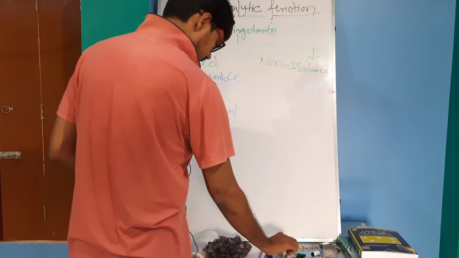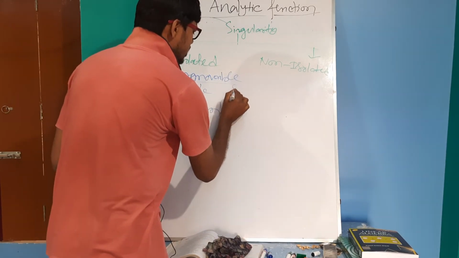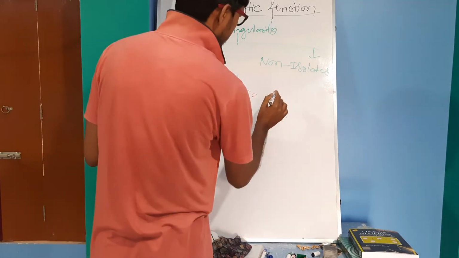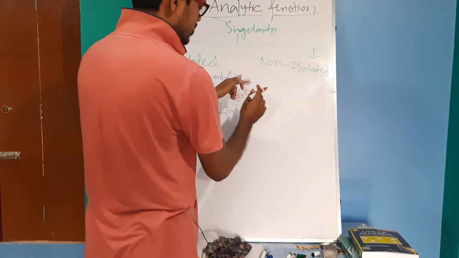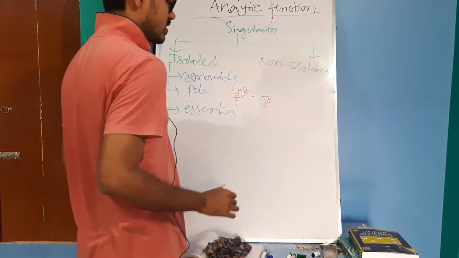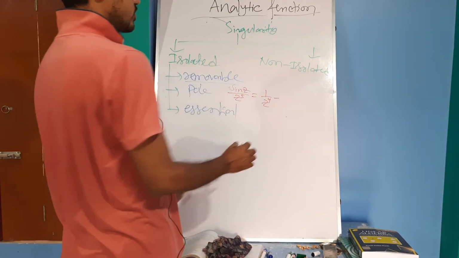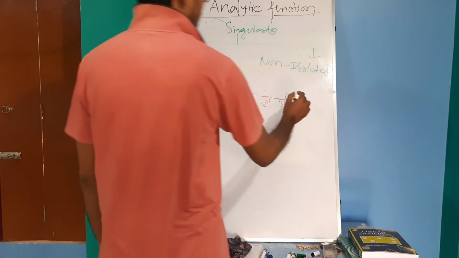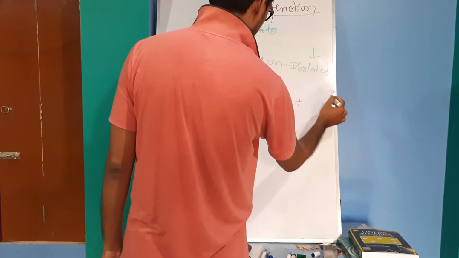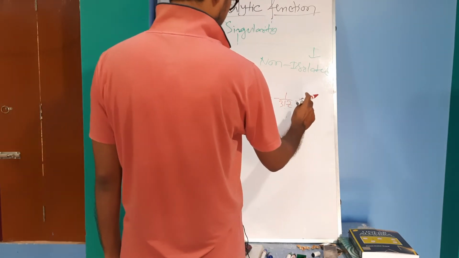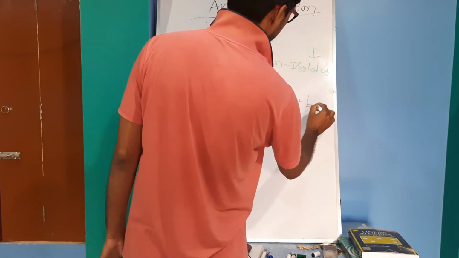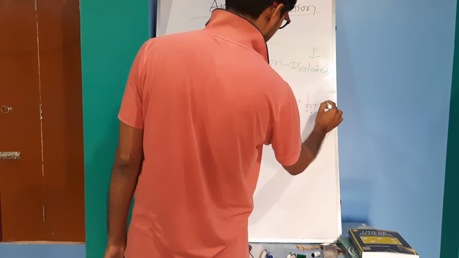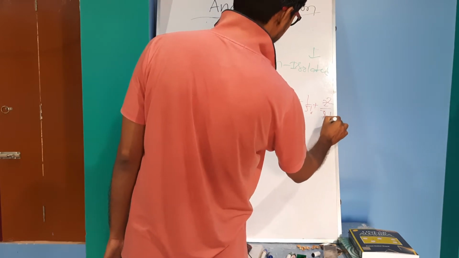And if you take a pole, that means take that same example with z to the power 5. So if you simplify that, the first term is 1 by z to the power 4, and minus the second term is 1 by factorial 3 into z, and the next term will be positive, that is z to the power 5, so 1 by factorial 5 plus z square by factorial 7, and so on.